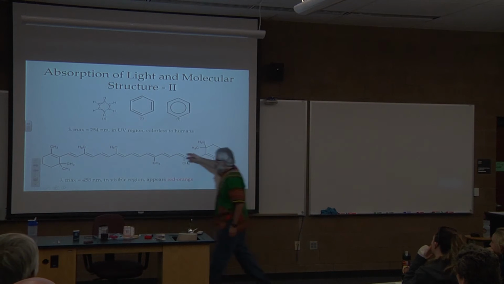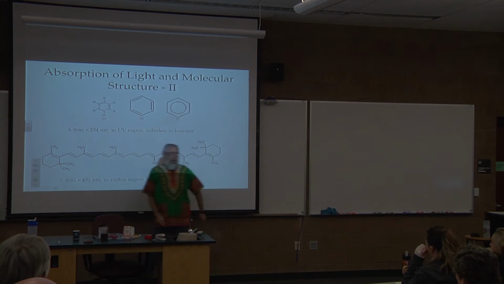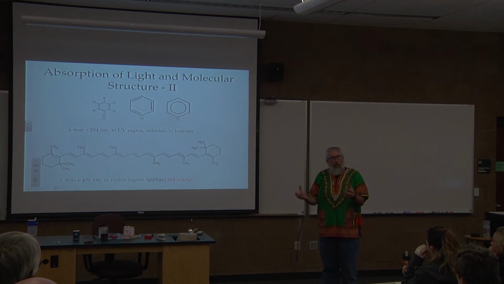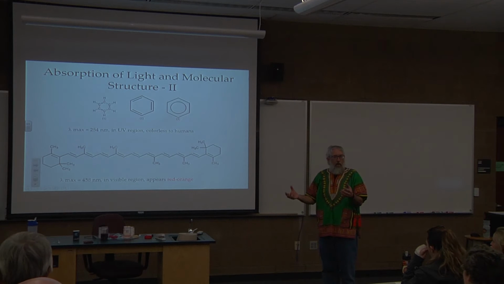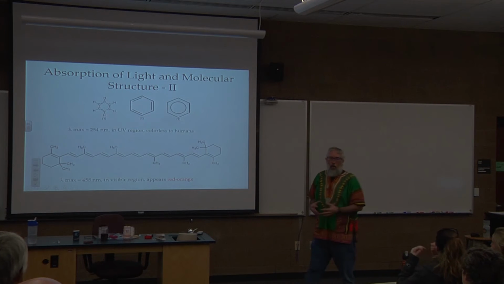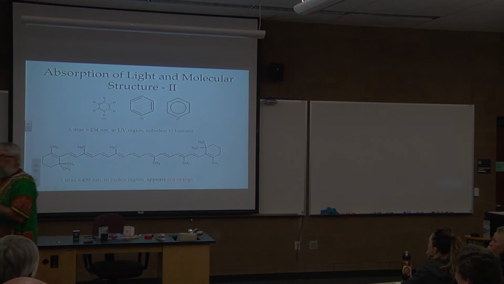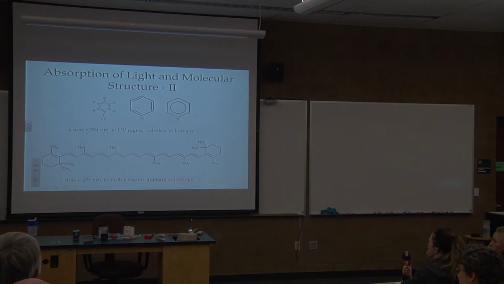Now this whole string of conjugated bonds constitutes what we would call a chromophore. Chroma from the word color, and phore for the absorption. So in molecules that have chromophores which will absorb in the visible region, then we're going to see a color associated with them.